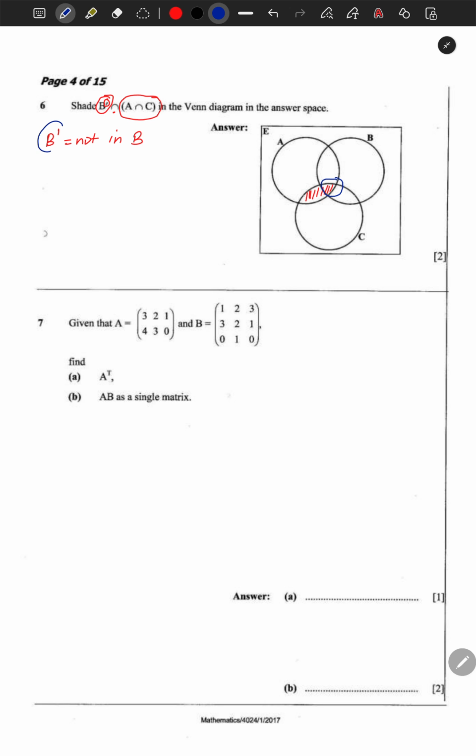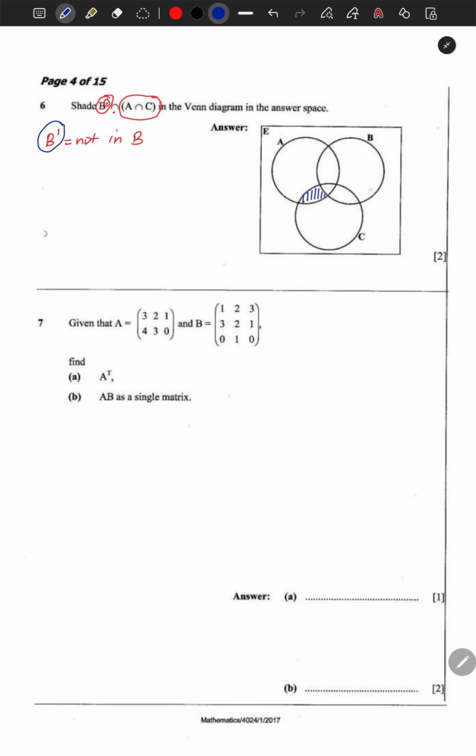They don't want anything to do with B, so that part must be removed. We only remain with this part. That means anything to do with B is completely out, because set B is that whole circle there.